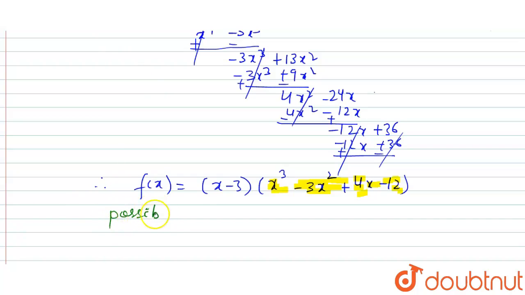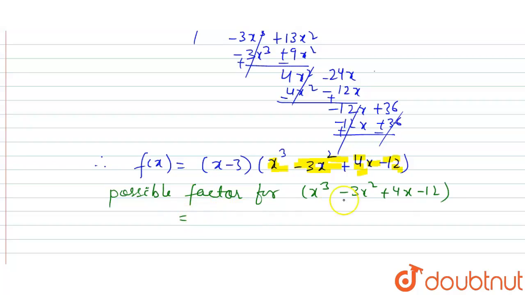The possible factors for x cube minus 3x square plus 4x minus 12 will be, again, the factors of this constant. That could be plus minus 1, plus minus 2, plus minus 3, plus minus 4, plus minus 6, and plus minus 12.